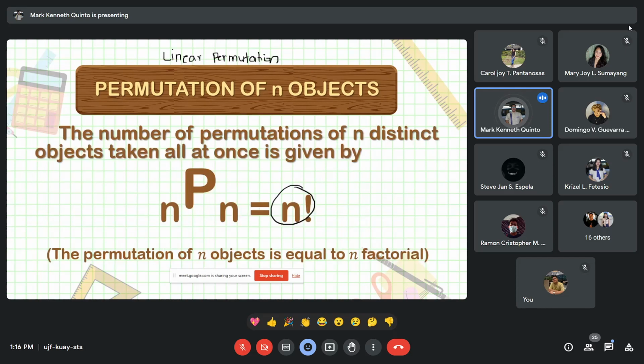Additional information: in the linear permutation, we only have one value, that is n. And n is the total number of objects to be arranged.